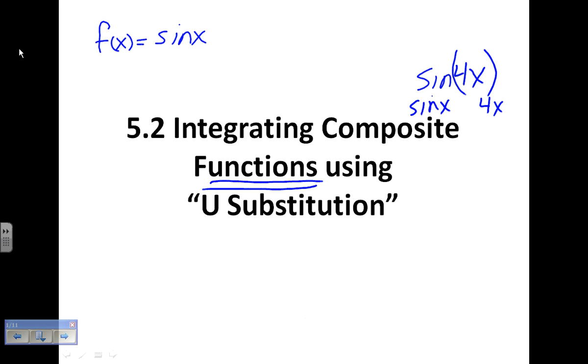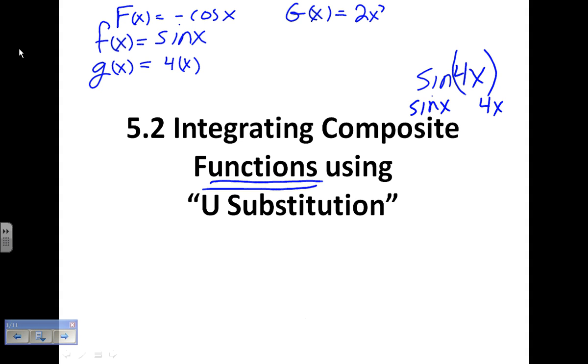And what's the antiderivative of sine of x? Negative cosine of x, correct? And if we say g of x is 4x, what is capital G of x, the antiderivative of g? 2x squared.